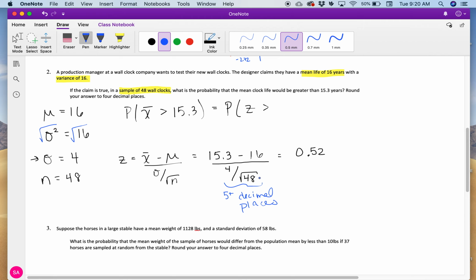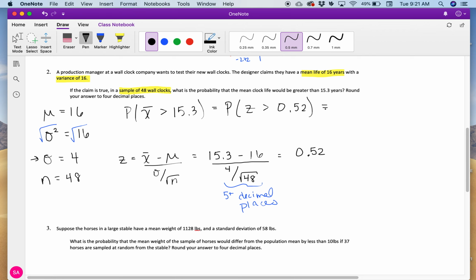And if you round a little too early, essentially, your actual answer might be off. So if that's what you're doing, just make sure you write this bottom number out to many decimal places, and then you can do the division. Otherwise, just use that Desmos calculator because it kind of just does all that for you. It's fantastic that way. Okay, so we figured out z is 0.52.